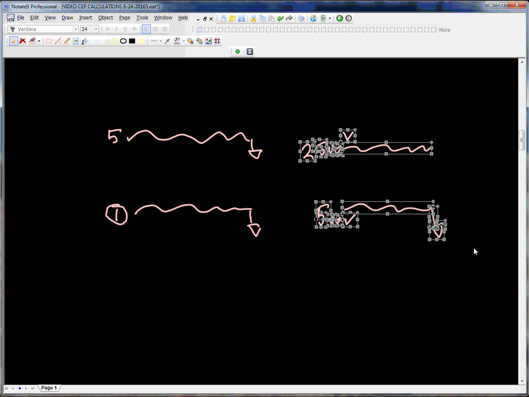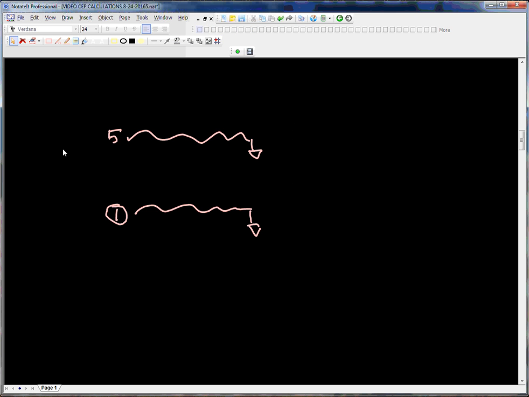Now let's erase this and do something else. We're going to do this. This is the voltage. This is the difference in the voltage. 0, 4.